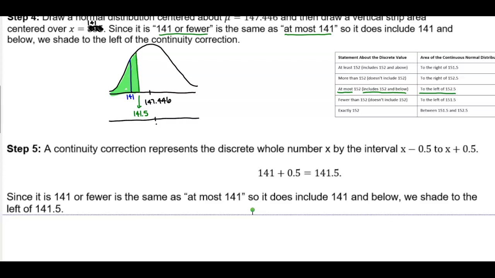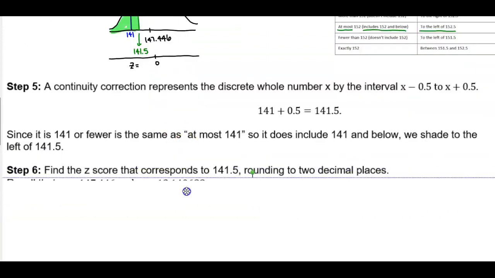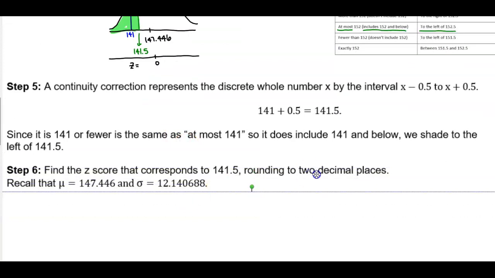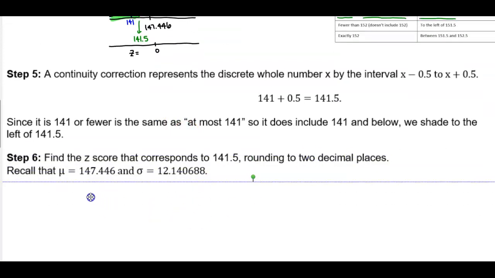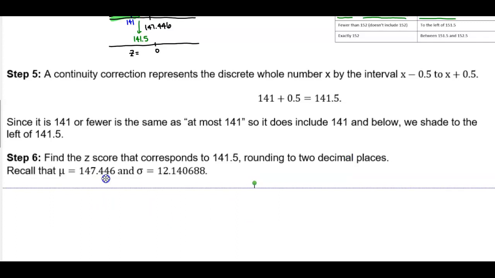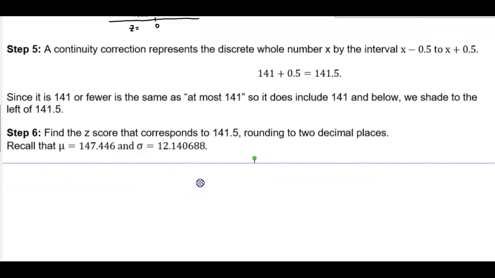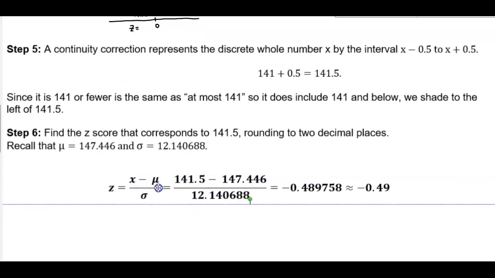The mean is 0, and we want to find the z-score for 141.5, rounding to 2 decimal places, using the mean of 147.446 and a standard deviation of 12.140688.